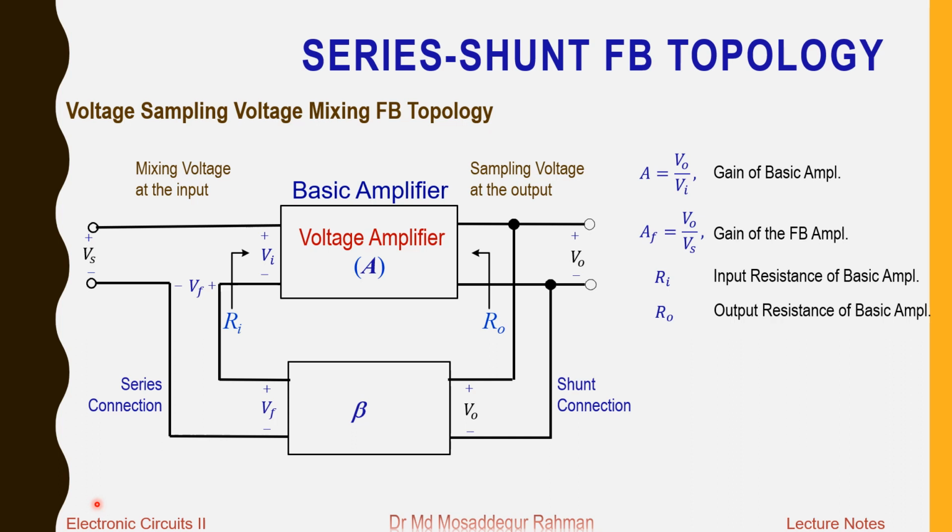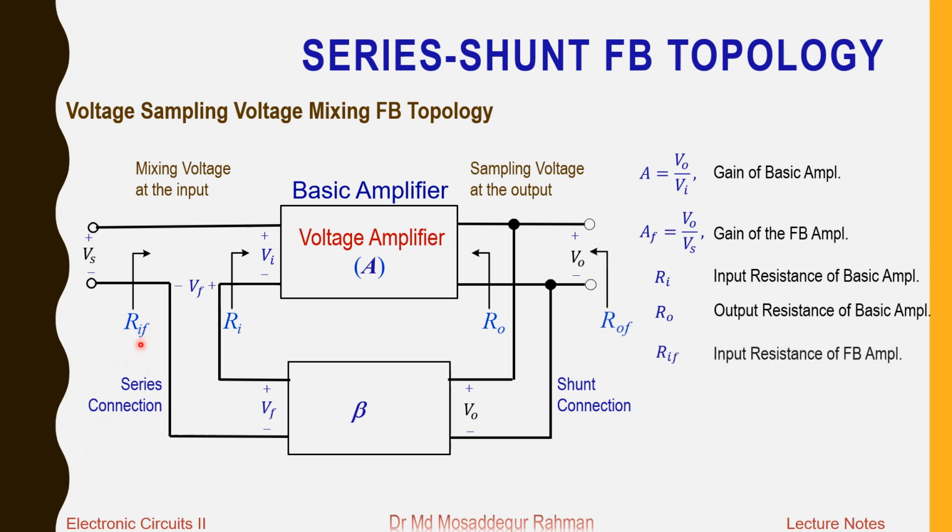So here we will also see how the feedback influences these two parameters, input and output resistances. So Ri and R0 are the input and output resistances of the basic amplifier. Then we define the input and the output resistances for the feedback amplifier.